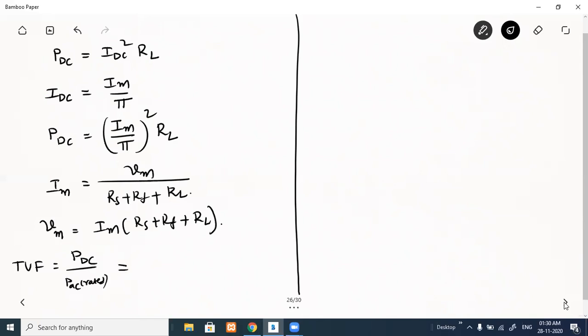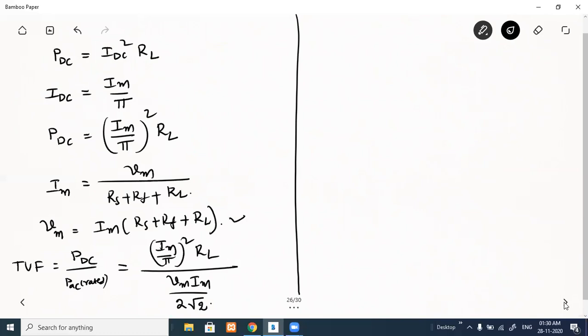So PDC is Im by pi whole square into RL divided with Vm into Im by 2 root 2. Okay, and I already gave the equation for Vm.